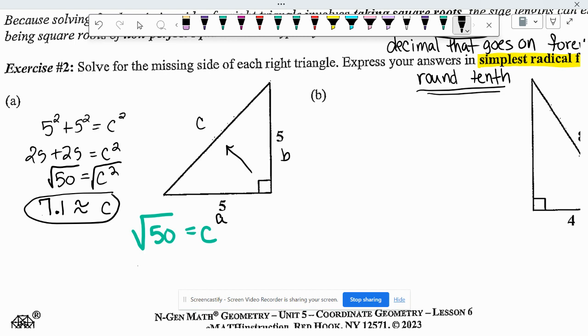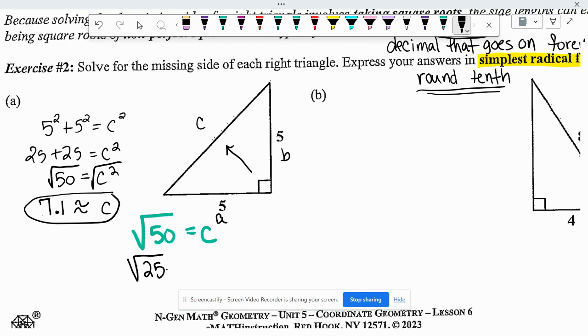Like 4, 9, 16, 25, 36. Are there any perfect squares, numbers that are on the diagonal of your times table? I gave you guys all a times table, right? Which number on the diagonal of your times table can you multiply to equal 50? 25 and 2. Excellent.